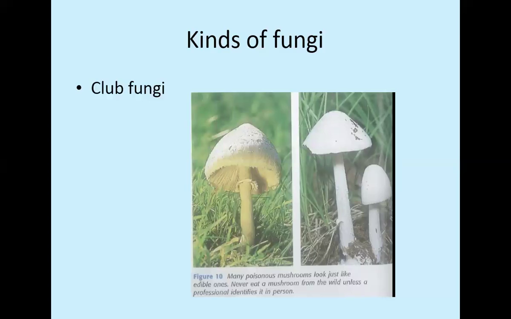Therefore, you should only consume mushrooms which are selected and already packed. You can't simply pluck mushrooms from your garden and use them for eating. Most mushrooms are poisonous. So the mushrooms are an example of club fungi.